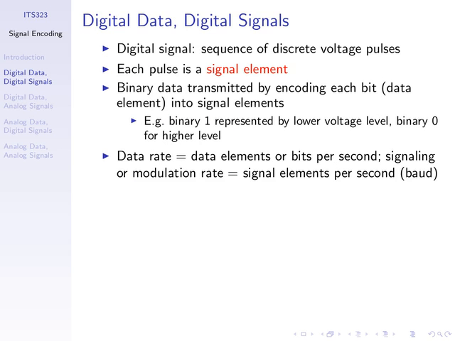So our digital signal is a sequence of discrete voltage pulses. For some period of time we maintain a voltage on the line, and that's one pulse. Then for the next period of time we maintain a voltage, and that's another pulse. We can refer to each pulse as a signal element.